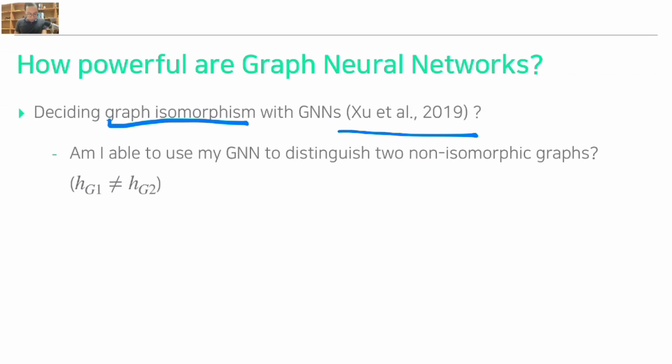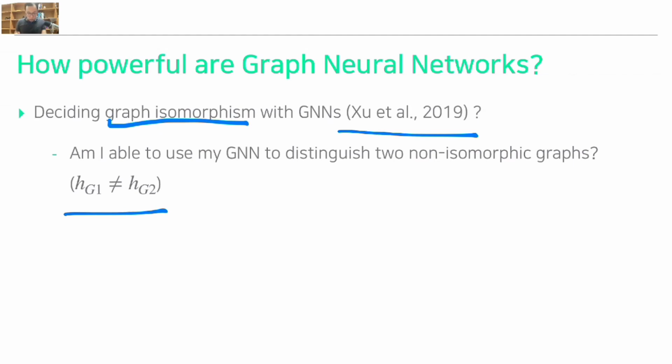So the question is, am I able to use my graph neural networks to distinguish two non-isomorphic graphs? So this is the question.